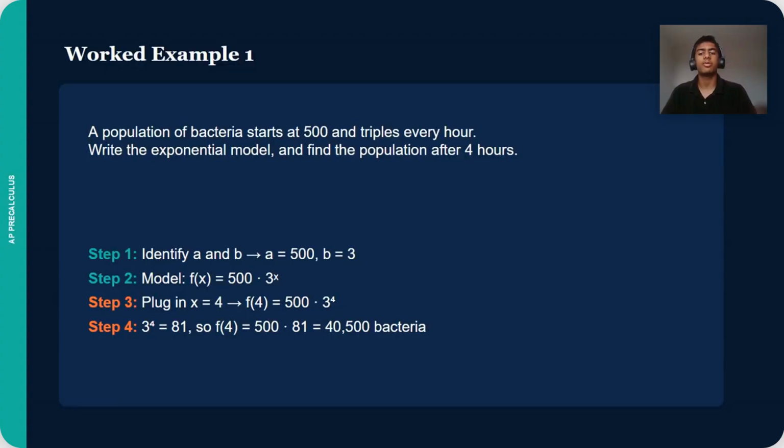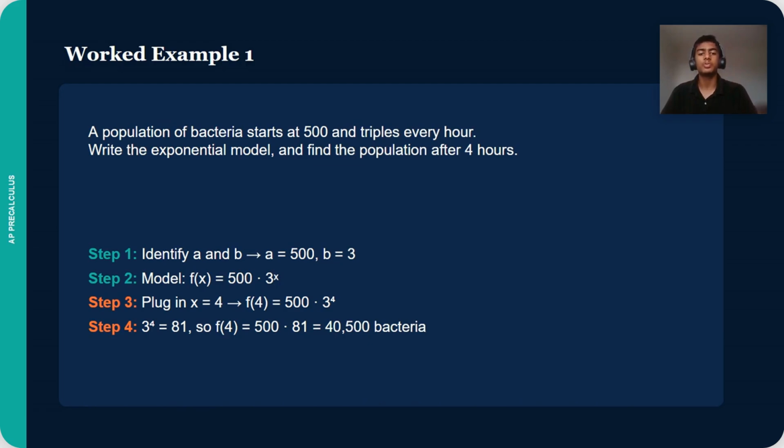Now, let's do one example. A bacterial population starts at 500 and triples every hour. Find the population after 4 hours. I'll give you a second to solve that question. First, pull out a and b directly from the words. Start at 500, that's a. Triples, that's b, which equals 3. Not 300%, just 3.